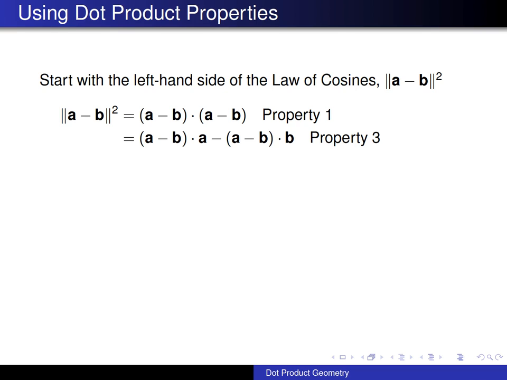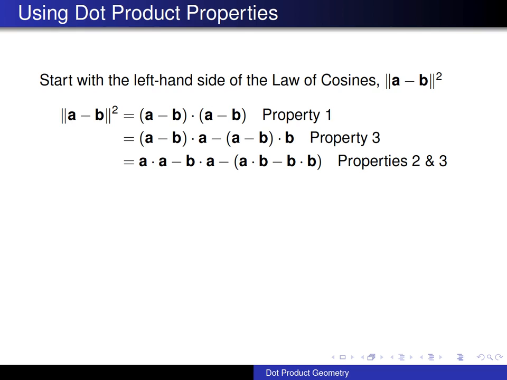We'll treat A minus B as the vector that is being multiplied by A and by minus B. So we have it dotted with A, and then subtract the vector A minus B dotted with B, and then we'll again use this property that looks like the distributive property.